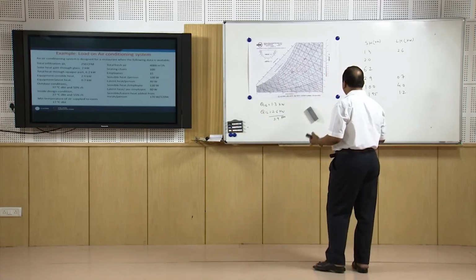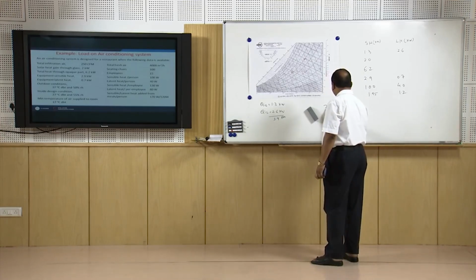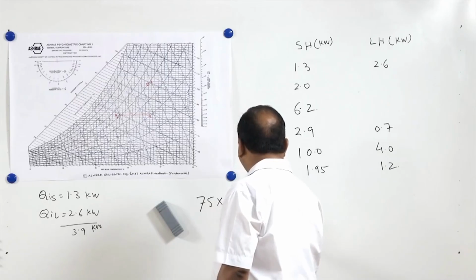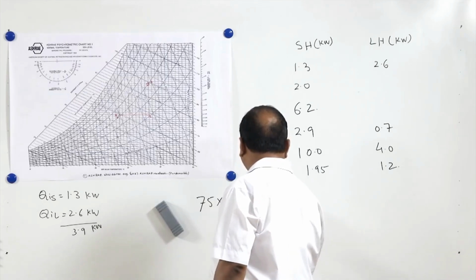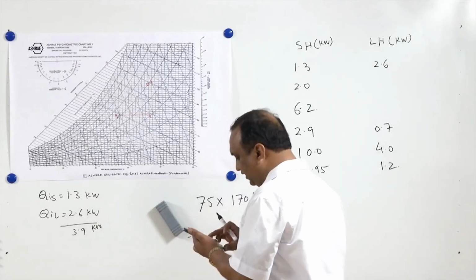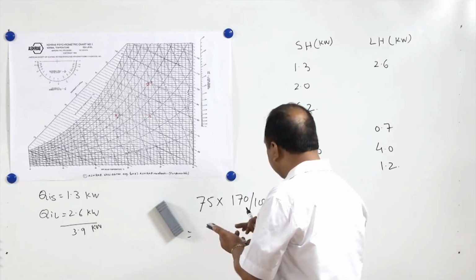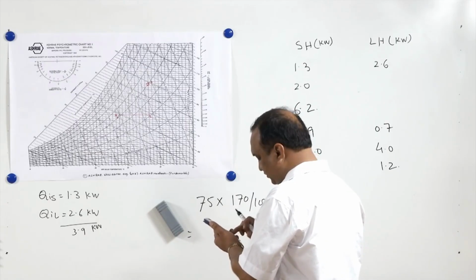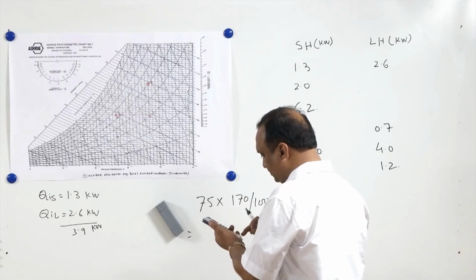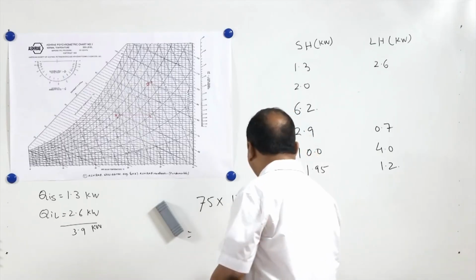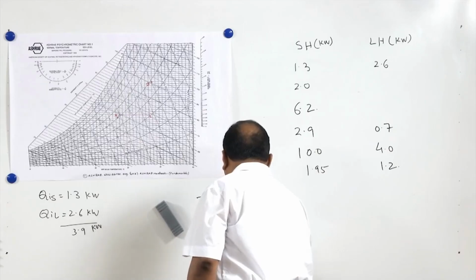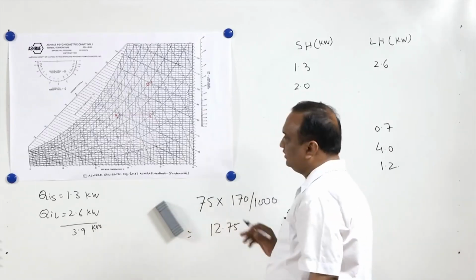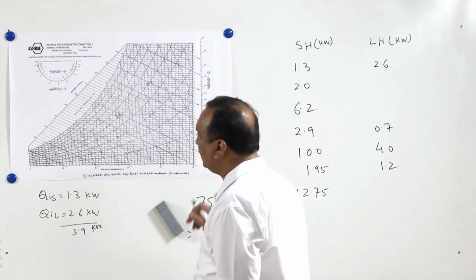So 75 multiplied by 170 divided by 1000 will be the sensible heat added by the food, that is 12.75 kilowatt. So 12.75 kilowatt is the sensible heat added by the food.